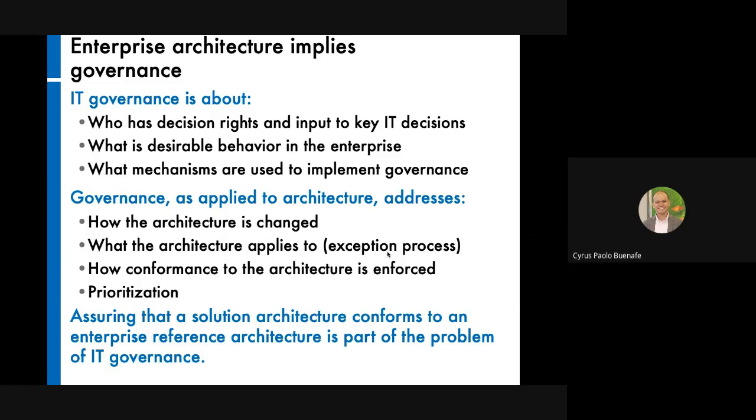That's what governance does. And governance, because you have limited resources, would also be engaged in prioritization. So assuring that a solution architecture conforms to an enterprise reference architecture is part of the problem of IT governance. In relation to architecture, that's really what IT governance does, right?